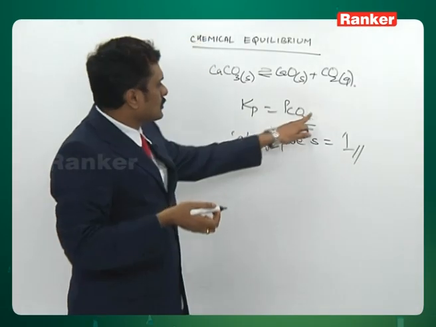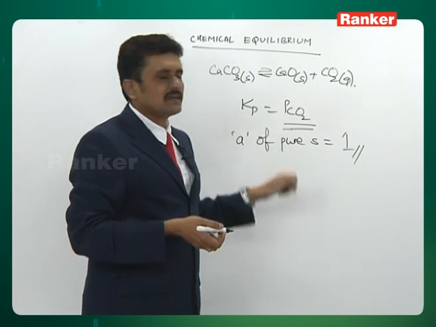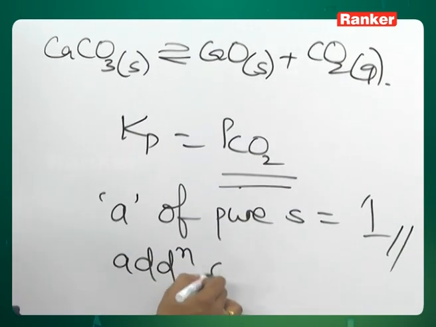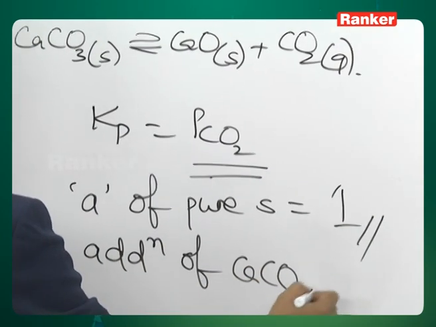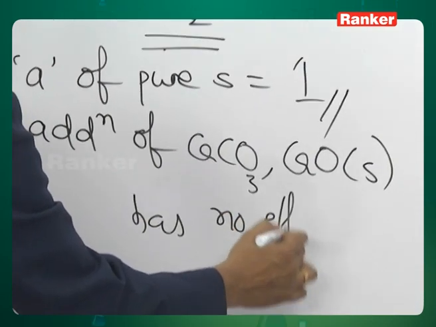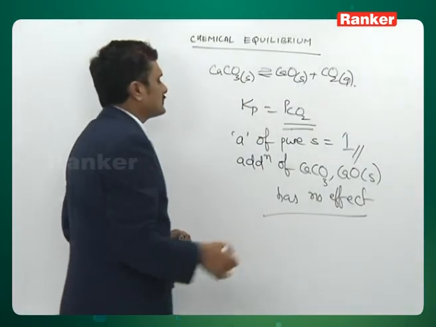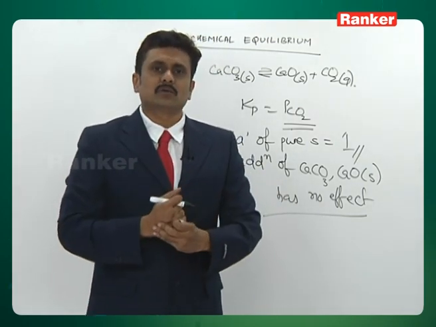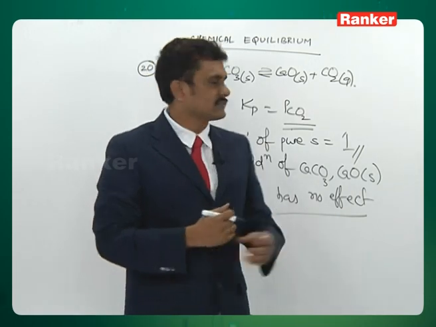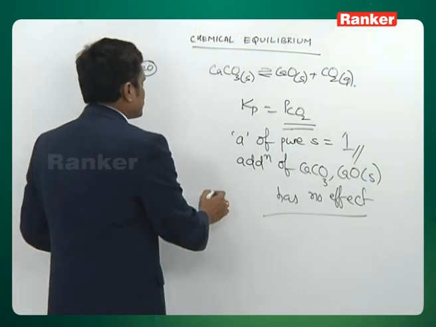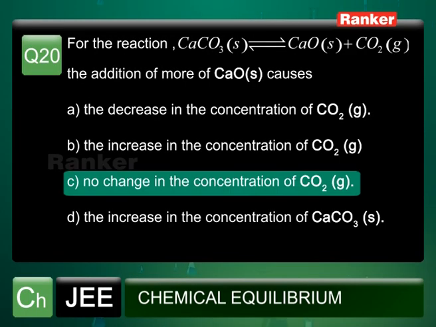Since it has no role to play in finding the value of the equilibrium constant, we can say the addition of calcium carbonate or calcium oxide, which happen to be pure solids, has no effect on the equilibrium. Not only this, any pure solid or liquid being added won't have any effect on the equilibrium, hence there won't be any effect on the concentration of CO2 as well. So the correct answer for this question is option C, that it has no effect on the equilibrium.